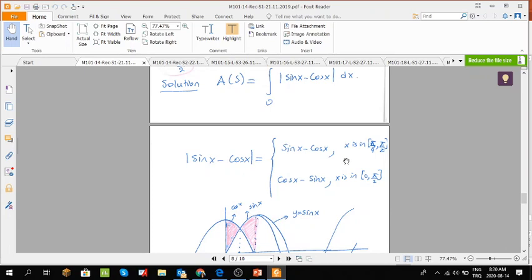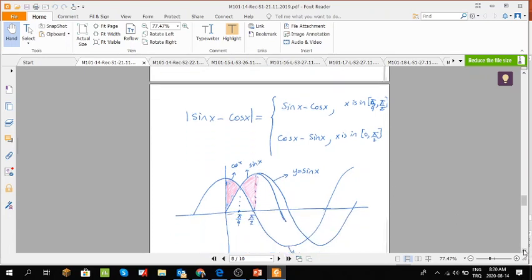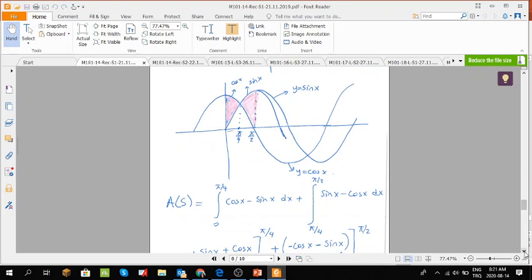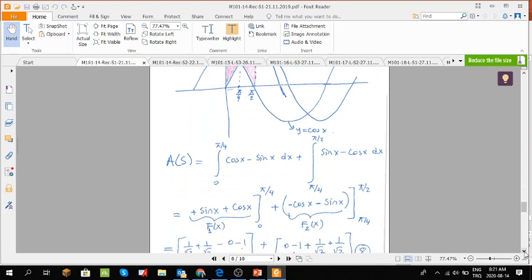Actually, there's a typo here; this should be 0 to pi over 4 and pi over 4 to pi over 2. On 0 to pi over 4 cosine is bigger, and on pi over 4 to pi over 2 sine is bigger. You can either draw the graph or guess, etc. Now we are going to write our integral in two pieces.